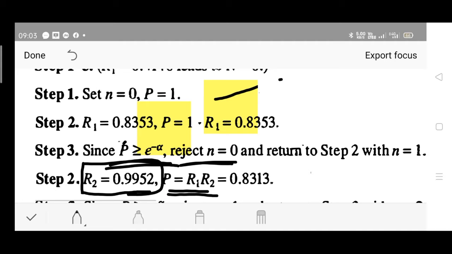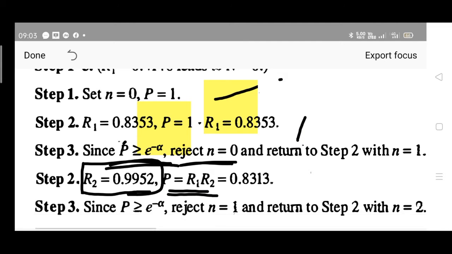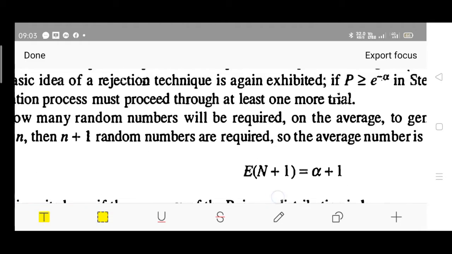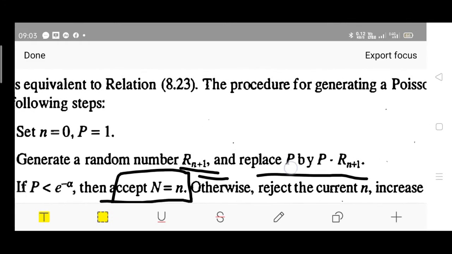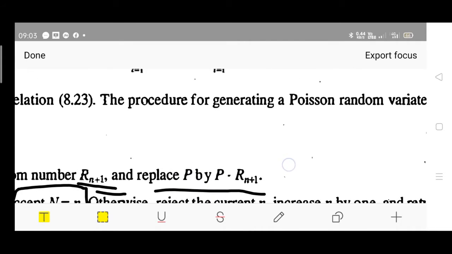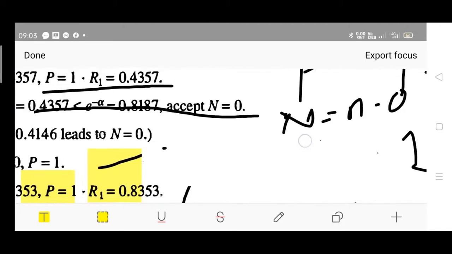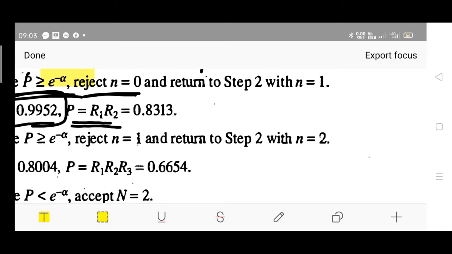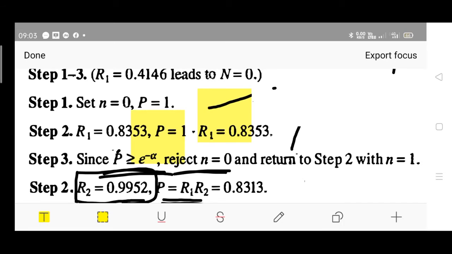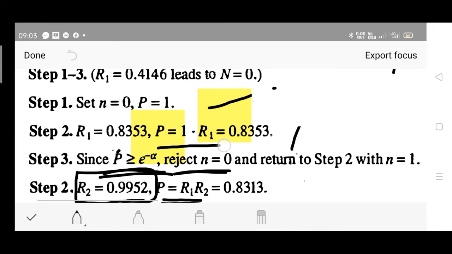The new value of p is to be computed as, check here, replace p by p into r of n plus 1. What is the new value of p? The initial value of p obtained was 1 into r1, that is 0.8353.